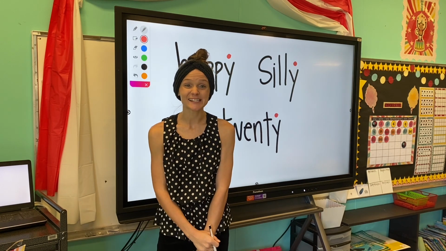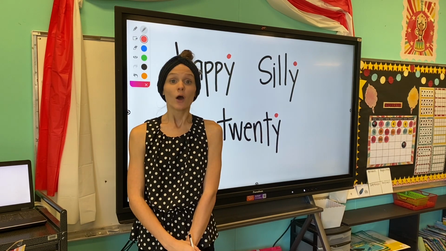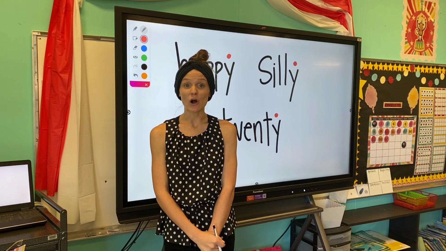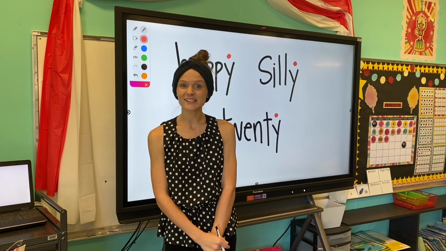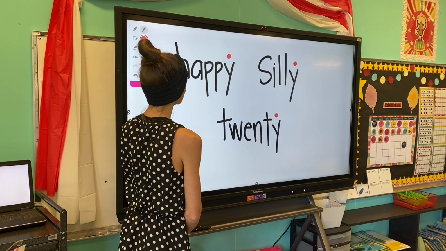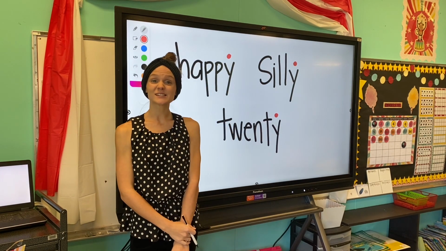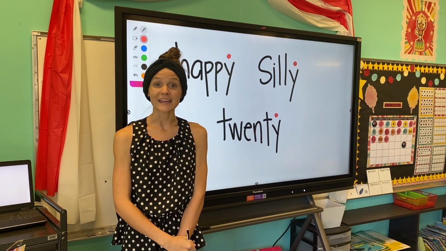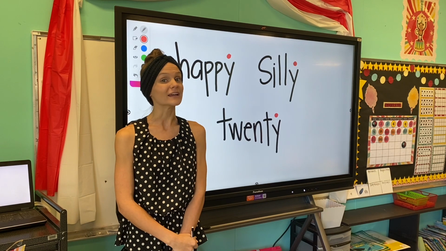So because these are 2-syllable words, we can label our vowels and our consonants and draw our division line. So let's do that now together. Our first word is happy. So I'm going to start by labeling my vowels. And remember, letter Y is acting as a vowel in these words.